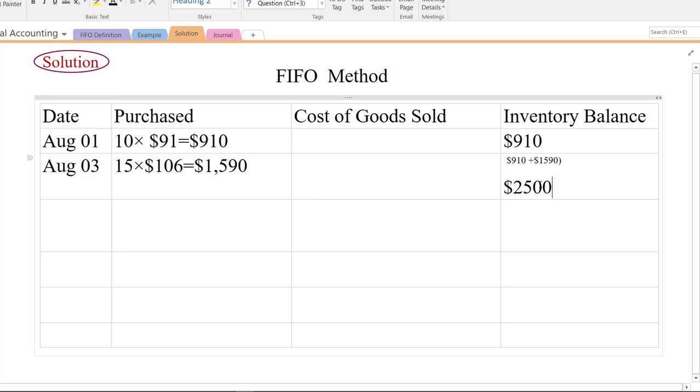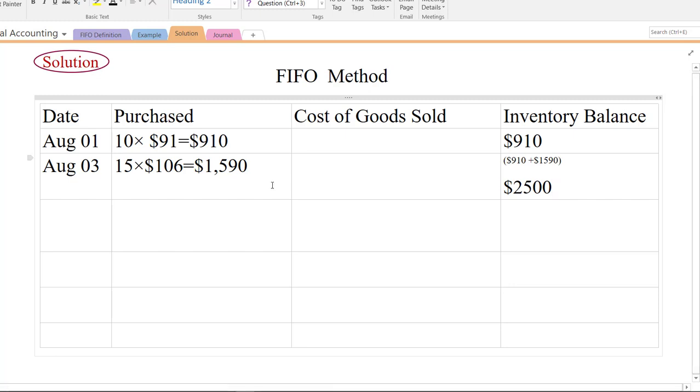Now students, this 2,500 USD is the total inventories which we have till this date. Now we have completed the second date as well.